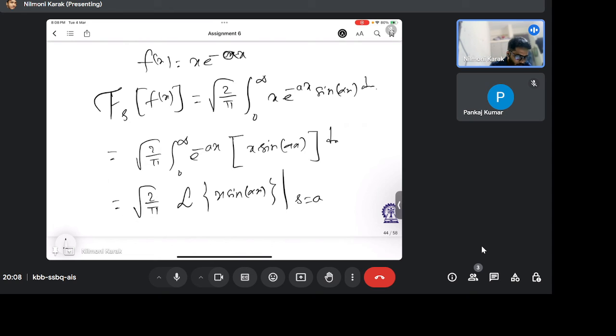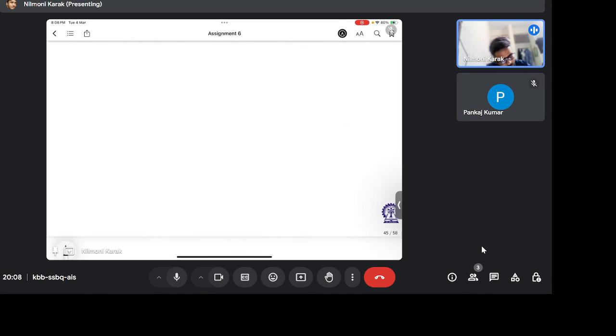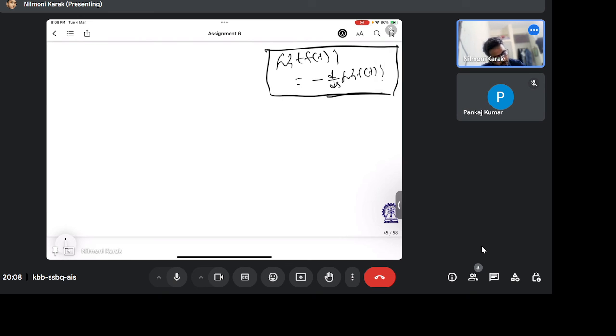And you know what the Laplace transform of x times f(x) is. This is minus the derivative of the Laplace transform of f(x). That is, the Laplace transform of t f(t) is minus d/ds of the Laplace transform of f(t), the well-known formula we have already seen many times.